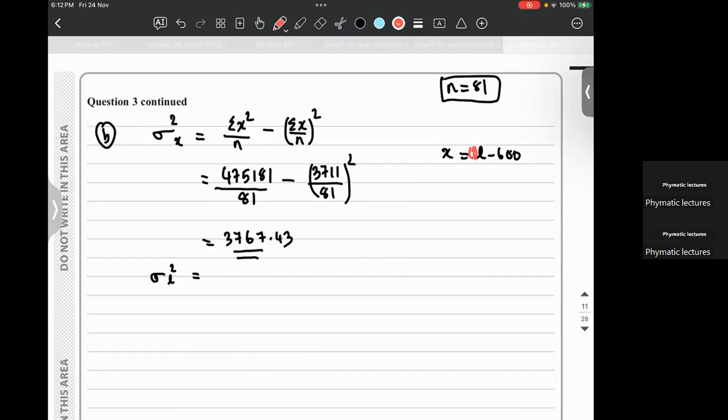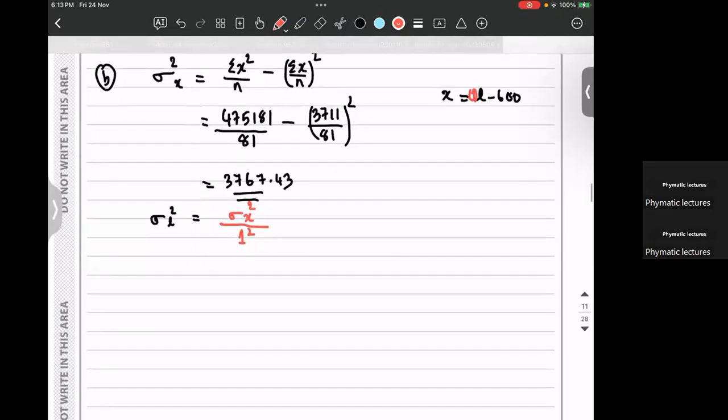So if you want to find the variance of the original thing, what we will do is take the variance of the coded one divided by the coefficient squared.